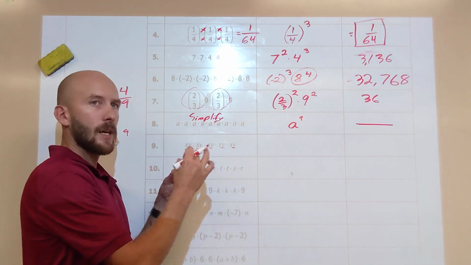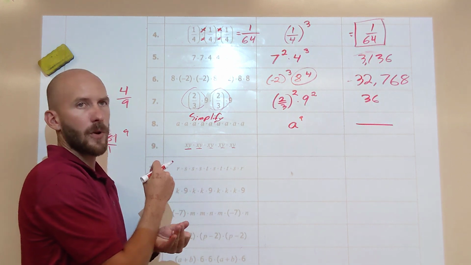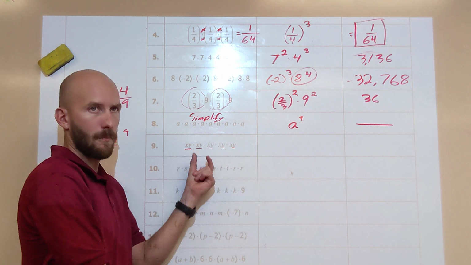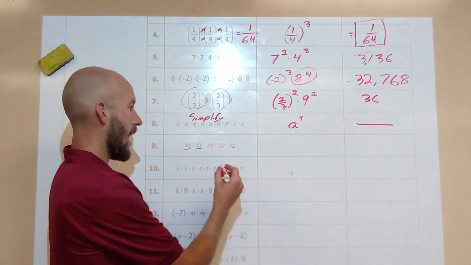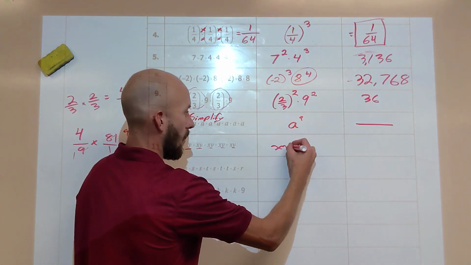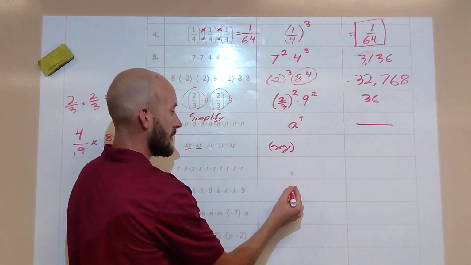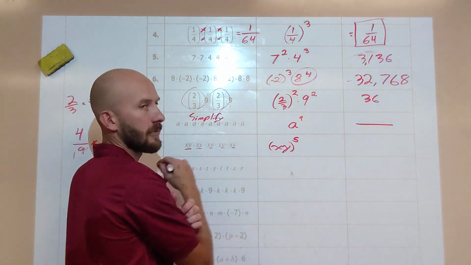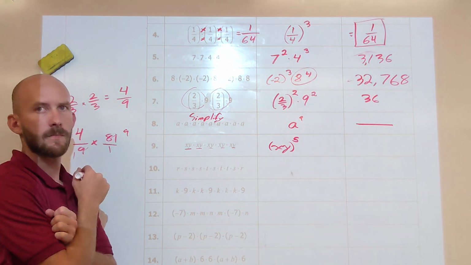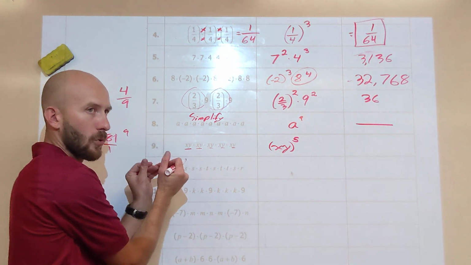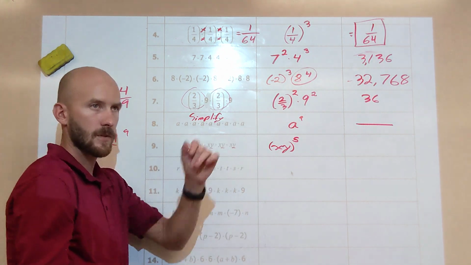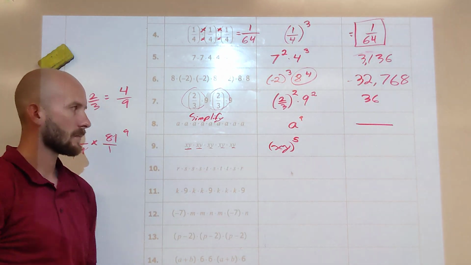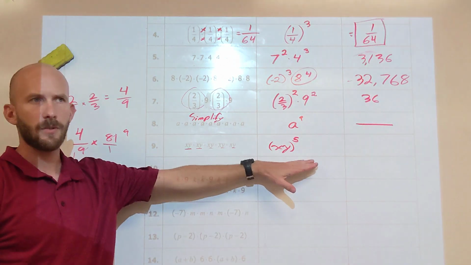Instead of putting each of them separately with their own exponent, since they're the same group multiplied by itself, I can just do xy and put parentheses, because I want to take that whole thing to the 5th power. Okay, so I'm just taking the group to the 5th power. Okay. Does anybody have any questions there?